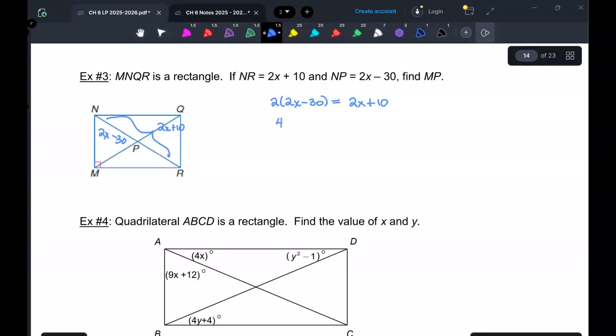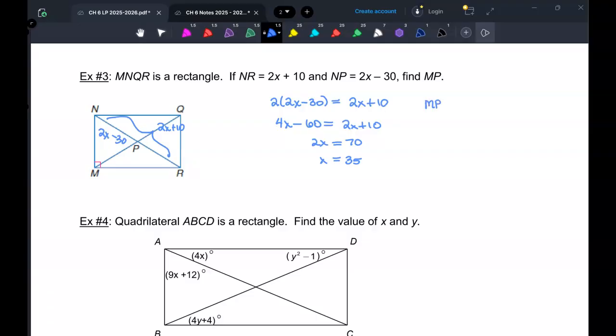Okay, here we get 4X minus 60, 2X plus 10, so we get 2X equals 70. Thank you, Simon. X equals 35. Now we want to find MP. 70 minus 30 equals 40. Good. So remember, in a rectangle, all 4 of these segments are congruent.